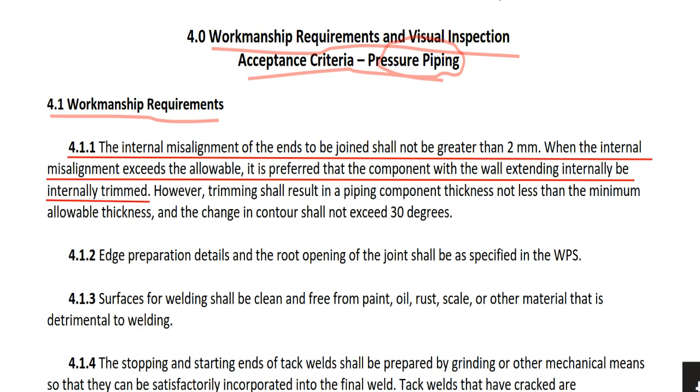The internal misalignment of the ends to be joined should not be greater than 2 mm. When the internal misalignment exceeds the allowable, it is preferred that the component with the wall extending internally be internally trimmed.